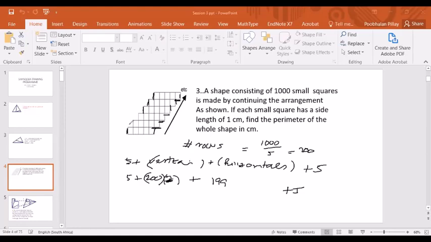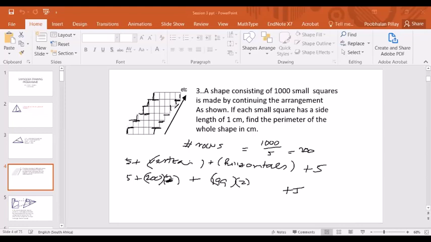And likewise, you got a horizontal here, you got a horizontal here. The first row contributes something, the second row contributes something, but the last one doesn't contribute anything. So there's another 199, the last one being the one there. So that takes care of the entire perimeter.